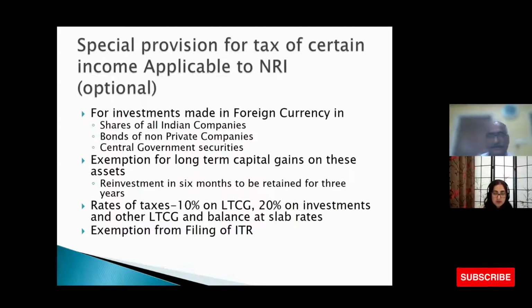There is no threshold limit for TDS, unlike fixed deposit where for a resident senior citizen it is 50,000. For other taxpayers, it is 40,000 from bank interest, 10,000 for other interest. For rent, it is 2,40,000.